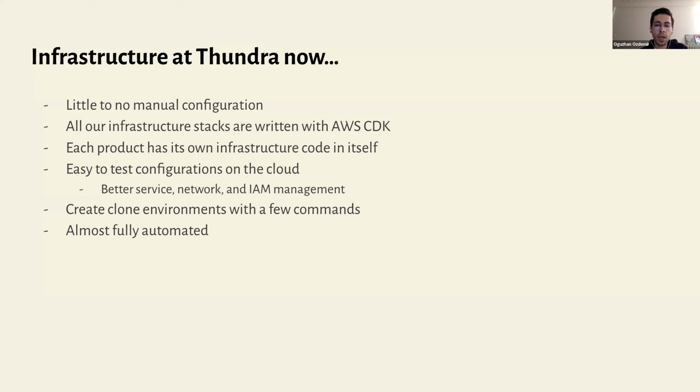Since we now have a final state for everything, we can test stuff on AWS without fear. So we can battle test the network configuration, because if we make any mistakes, we can always roll back to the state that we have. And we have better management for the whole company. We can spin off a new product environment with a few commands, and within like half an hour, we have a new environment that's ready to push to live for a new product.